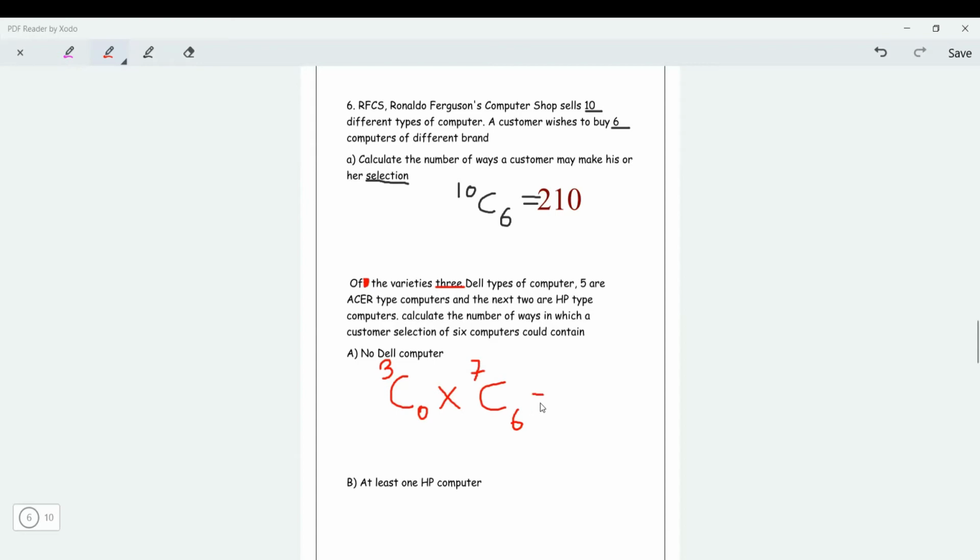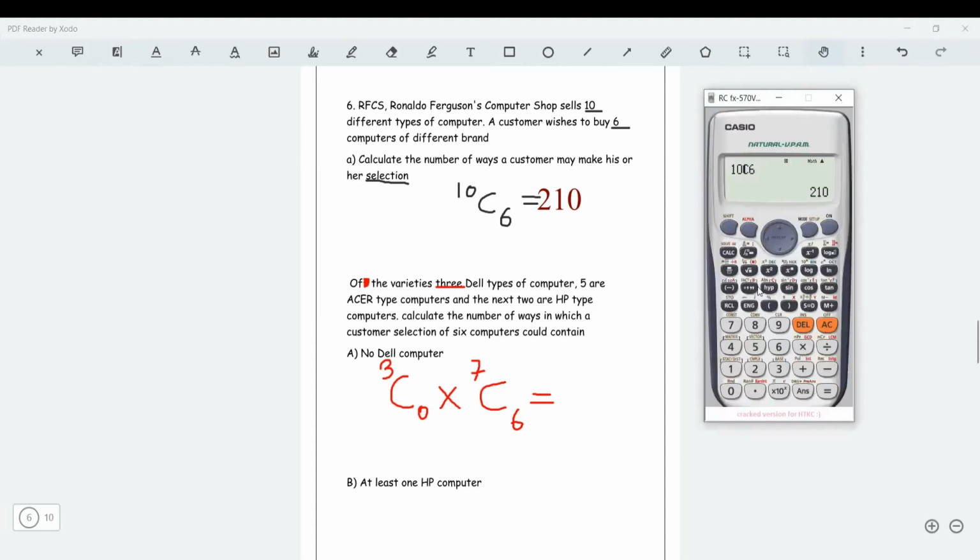All right. And that would be choosing no Dell computer, because the customer is not choosing any of these 3 types right here. So the customer is still going to buy 6, but from the remaining, either from the Acer and the 2 HP. So we'll just work out 3 choose 0 times 7 choose 6. Let's work that out on our calculator.